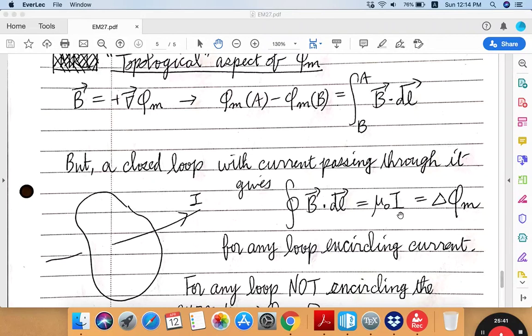So the conclusion we can draw from this observation is that this magnetic potential is not a single valued function of the position. It's a multiple valued function.